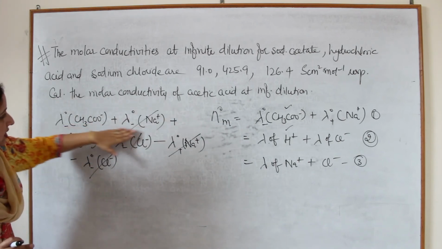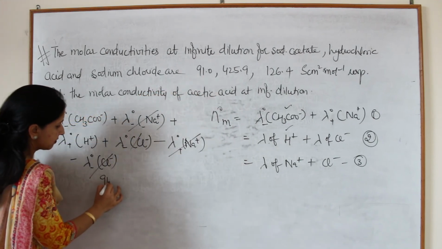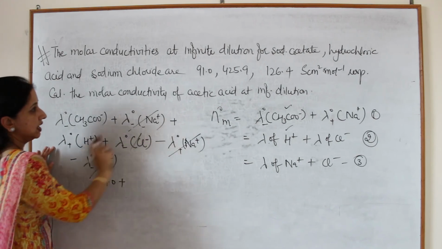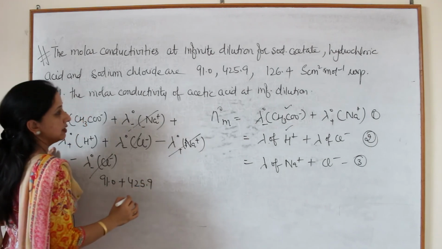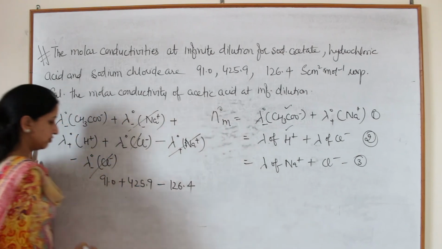So this is 91, plus HCl 425.9, minus the third, 126.4.